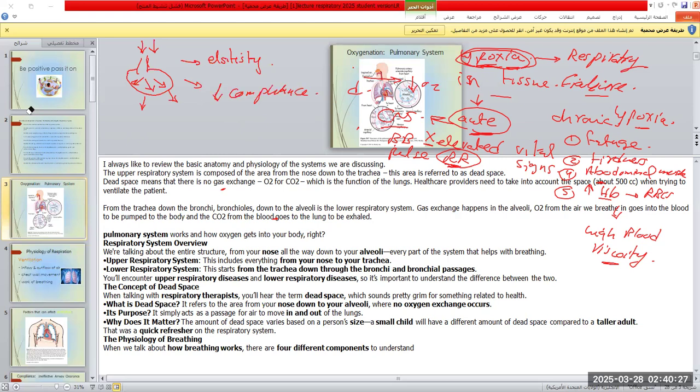So as a complication of using these machines for too long, the patient may suffer from decreased compliance, and this will affect oxygenation too. So the patient will deteriorate and maybe lose the ability to breathe even under CPAP or mechanical ventilation.